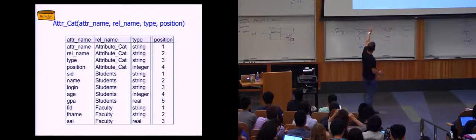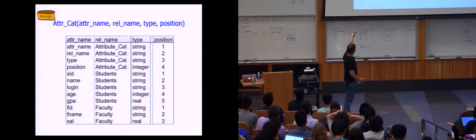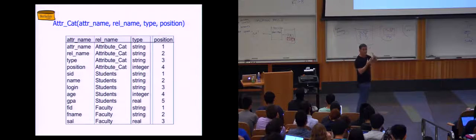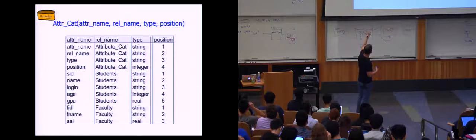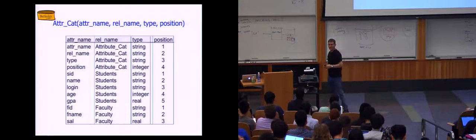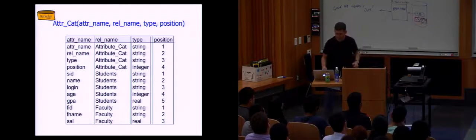And you'll see that it actually talks about itself. One of the relations in this table is AttrCat, although it's spelled "attribute cat," but that's a bug. So it actually describes its own contents. It says there is a table called AttrCat that has 4 columns: attr name, rel name, type, and position. It's describing itself, okay? That's fine.